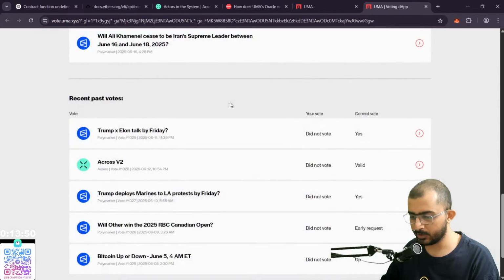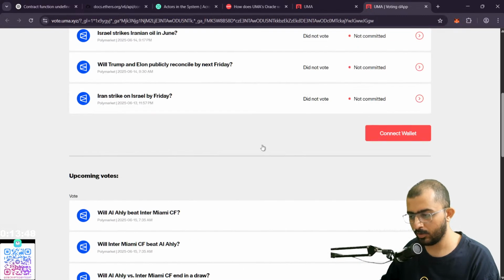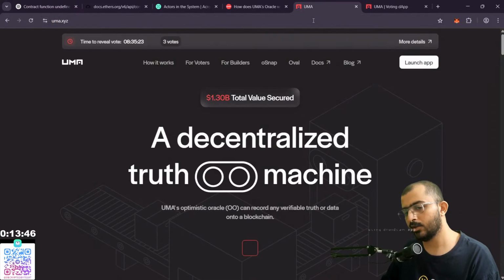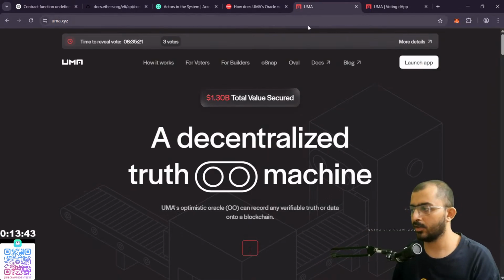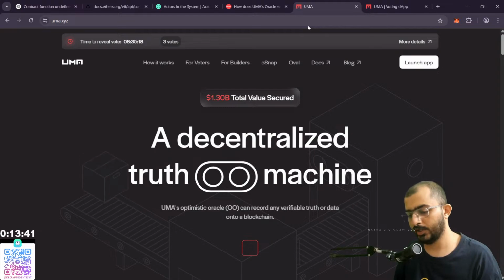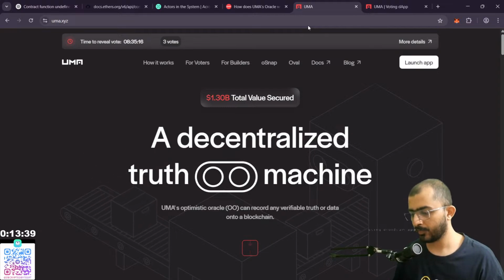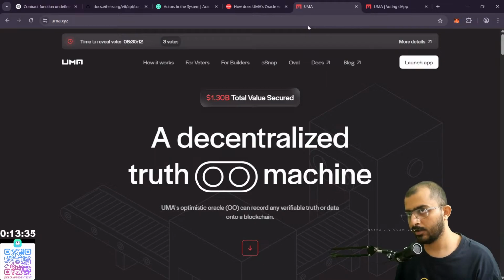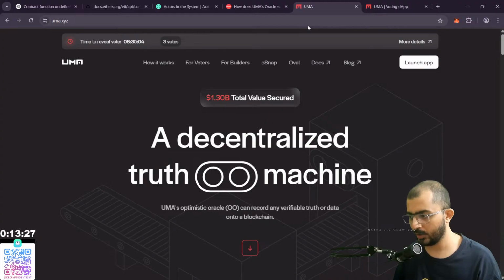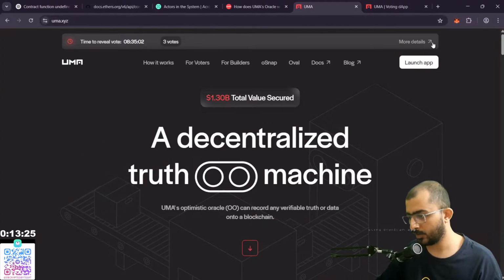Okay, so it's basically a DAO. With the optimistic oracle, someone is posting data, and if that data is correct, they get their money back. But if not, all the UMA token holders have to vote on it and decide if it's correct or not.